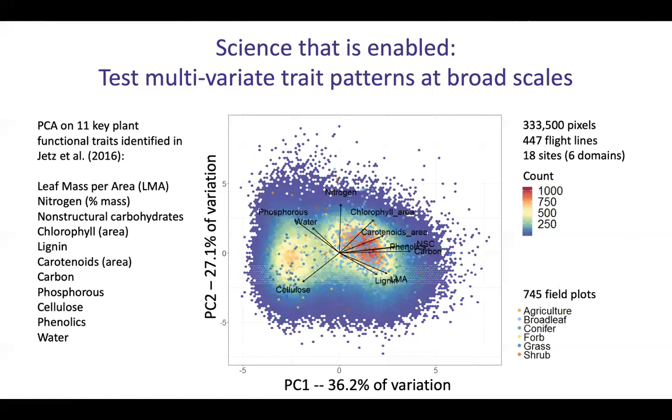So there's a big driver between phosphorus and nitrogen, so high phosphorus, high nitrogen, depending upon what your limiting nutrient is, temperate versus more tropical ecosystems, and LMA, and then some of the other things that go off of this are structural components like cellulose, non-structural carbohydrates, and phenolics that are associated with other ecosystem features. So we're able to look at this and characterize this, but now we don't have a biased sampling. We can just use all of the pixels that we have everywhere.